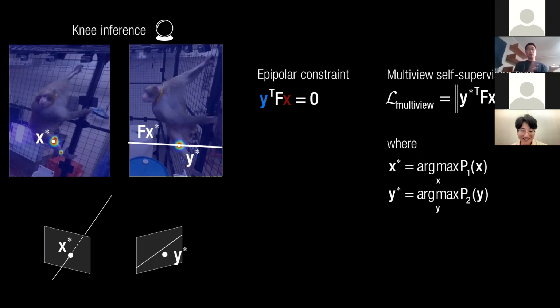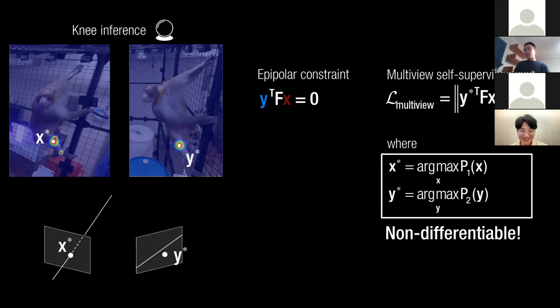Everything needs to be differentiable. But here, the argmax operation is not differentiable. The argmax operation is nothing but finding the index that maximizes some distribution, and finding this index is not a differentiable operation.